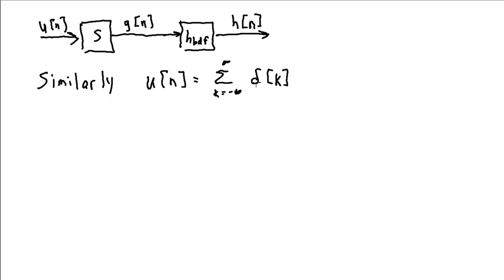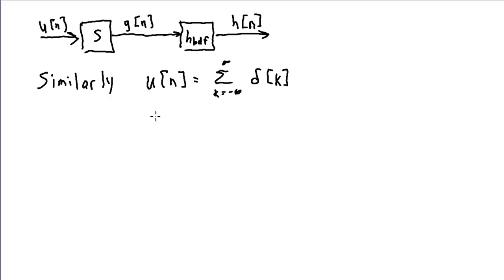For all k negative, delta k is 0, so the sum is 0 from minus infinity up to k equal minus 1. Of course, at k equal to 0, delta is equal to 1, so for k summing from minus infinity up to 0, we get 1. And then similarly for all values of k greater than 0, delta k is equal to 0. So summing from minus infinity up to any positive value of k would give us a sum of 1, and that by definition is the unit step.